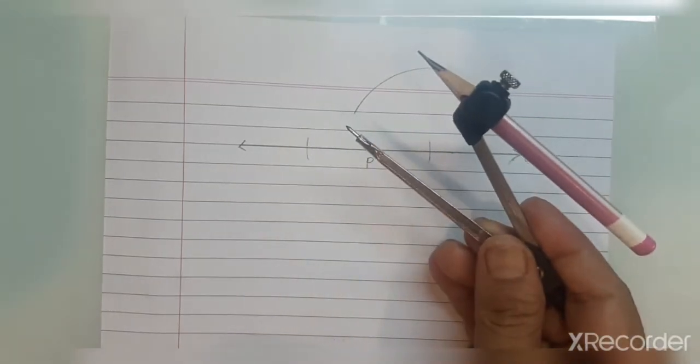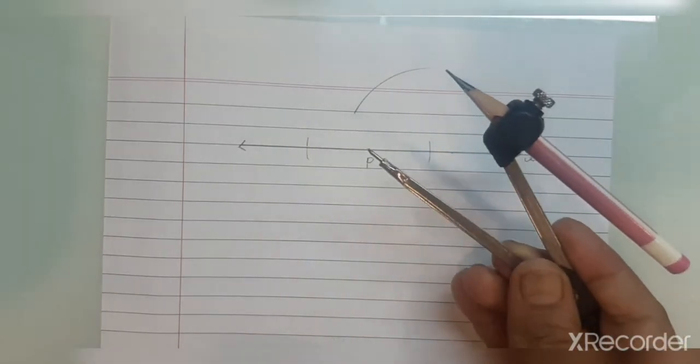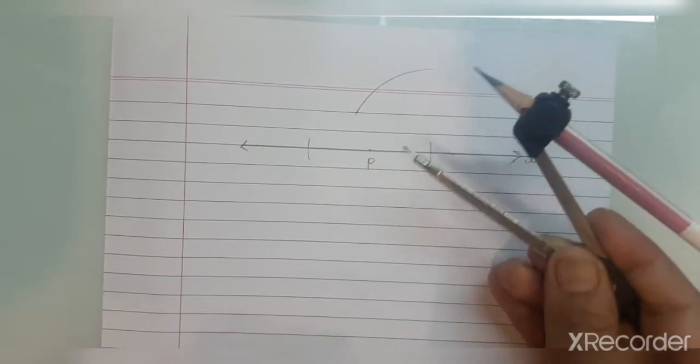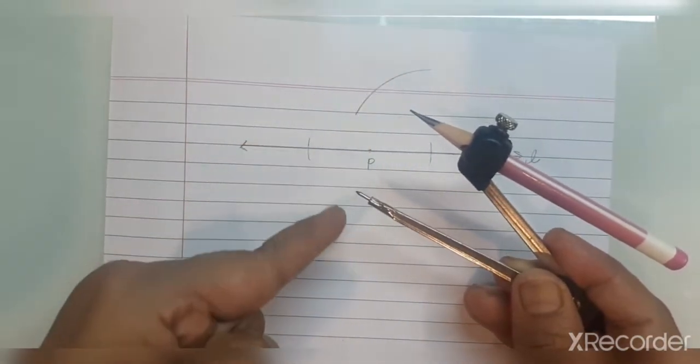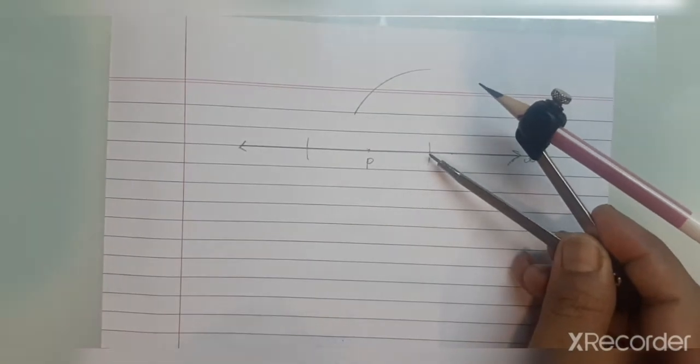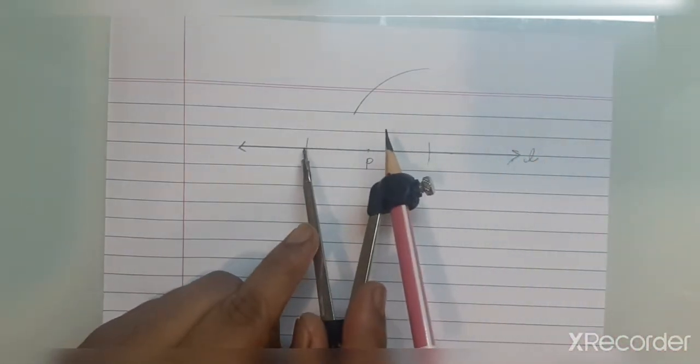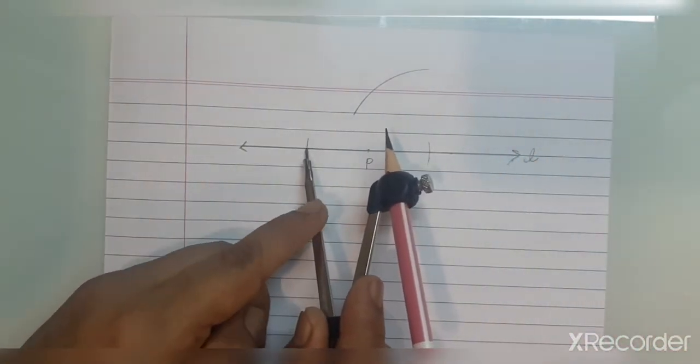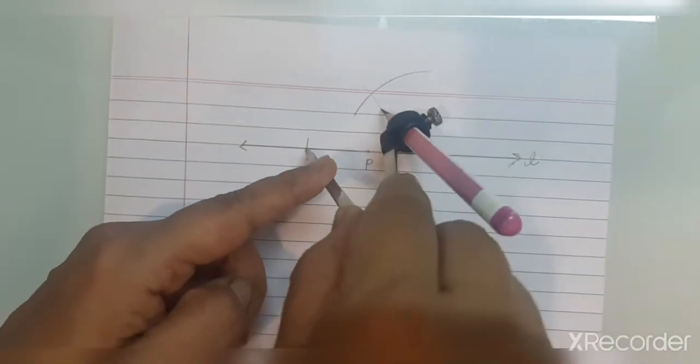Now the same distance, very important, same distance. Whatever distance we took to make an arc from one arc over here, same distance I am going to keep the pointer on the other arc, and I'm going to cut this arc.